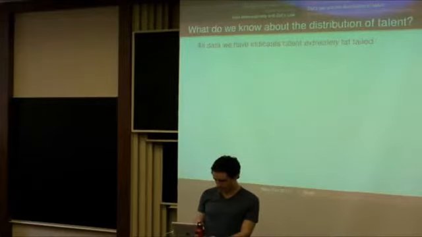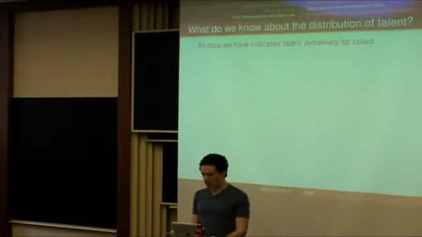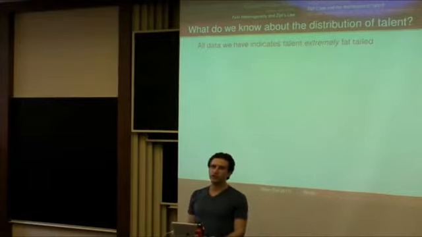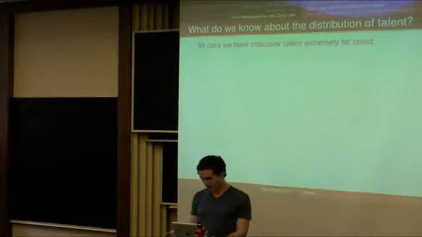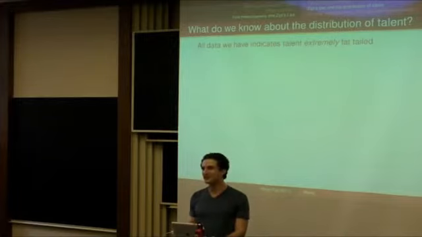Okay, so unfortunately for anyone who is hoping to feel better about themselves as life goes on, most things indicate that in most areas the distribution of talent is extremely fat-tailed.